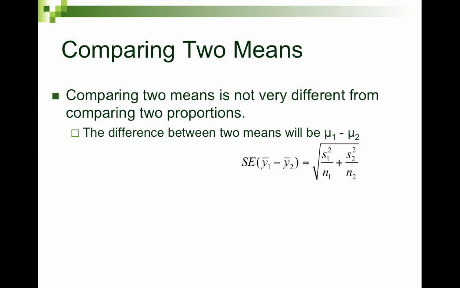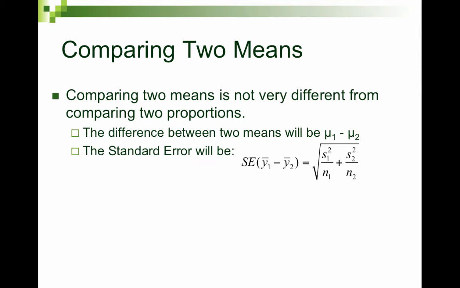The difference between the two means is going to be mu1 minus mu2. Again, here I always recommend that we make the larger mean the first one and the smaller one the second one, just so we can deal with positive numbers, but it really does not matter if you do deal with a negative.